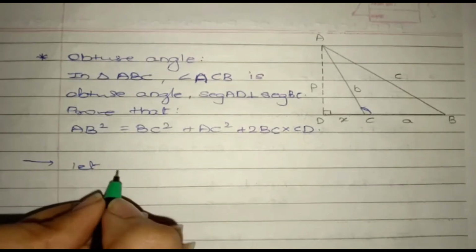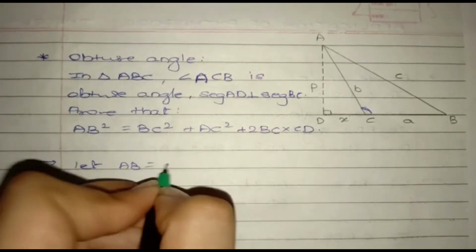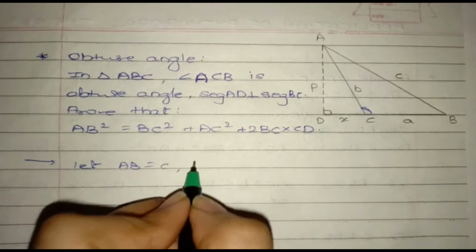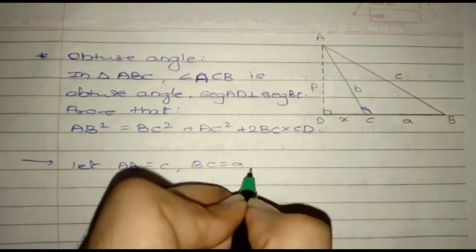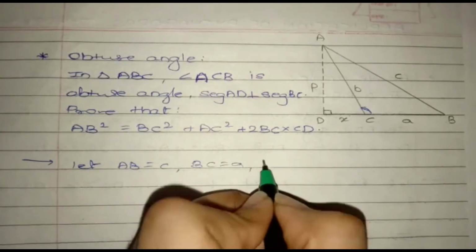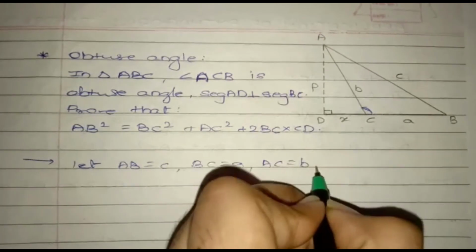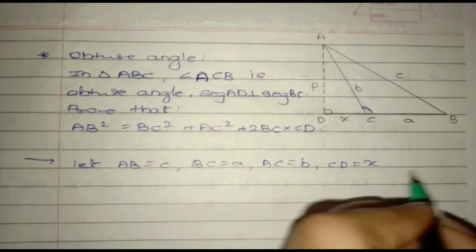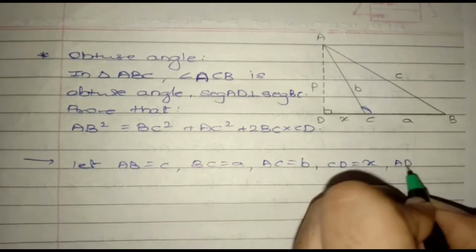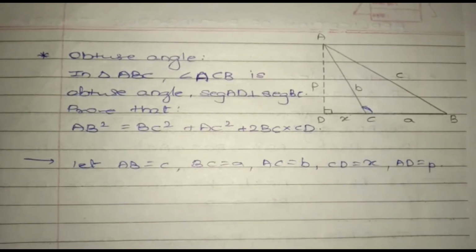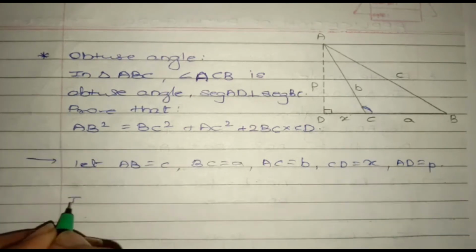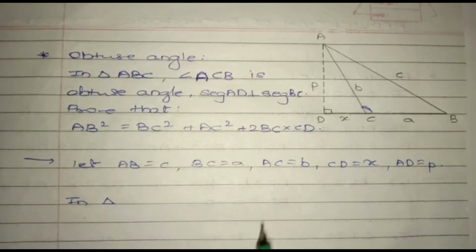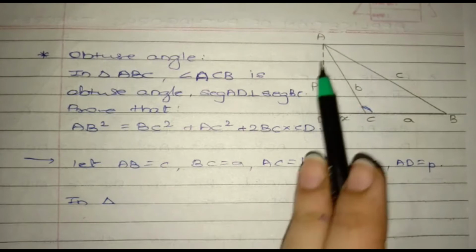Okay, so now let us consider first, let AB is equal to C, BC is equal to A, AC is equal to B, CD is equal to X, and AD is equal to P. Okay, now first we will consider the smaller triangle, that is ADC.